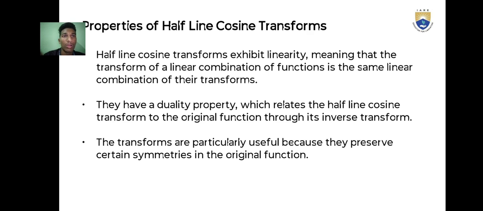Properties of Fourier cosine transformation. The Fourier cosine transformation exhibits linearity, meaning that the transform of a linear combination of functions is the same linear combination of the transforms.